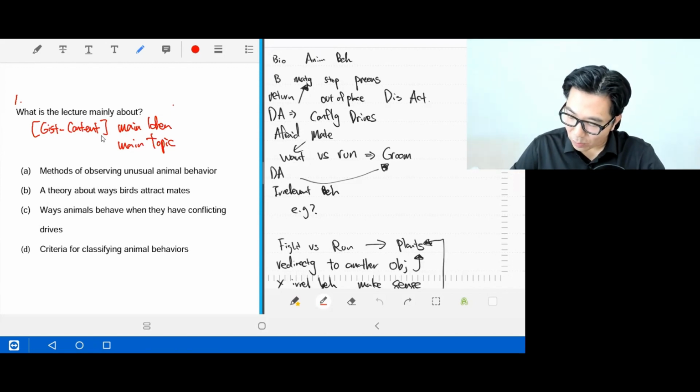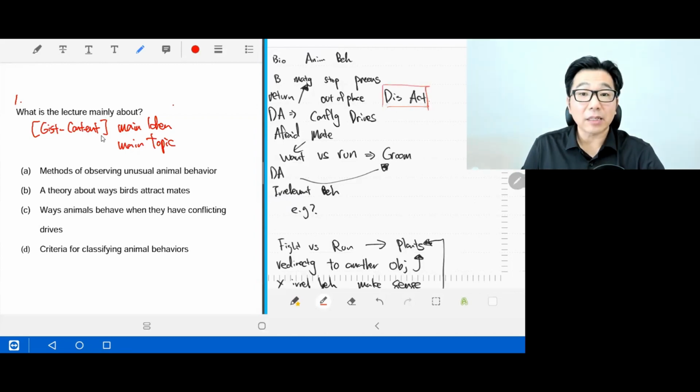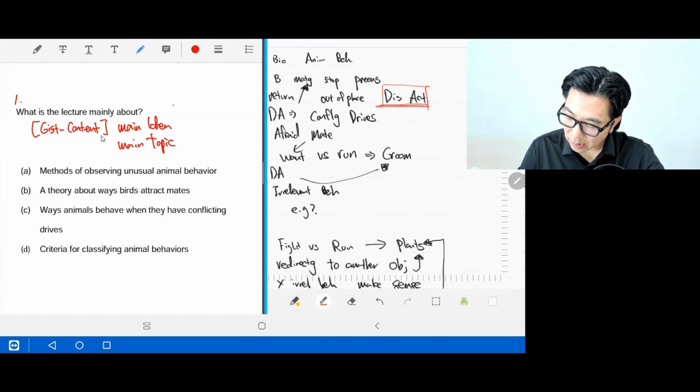Obviously, if you watched the last episode, look at the notes, okay? This passage is about displacement activity because in the first paragraph, it defines what displacement activity is, which is when an animal does some action that is completely out of place and irrelevant to the situation.